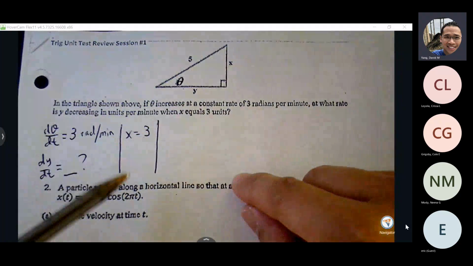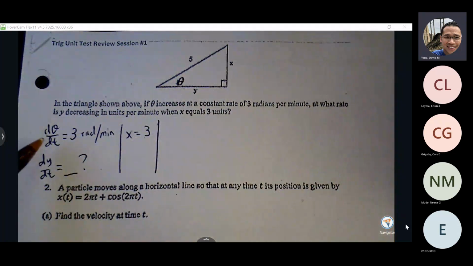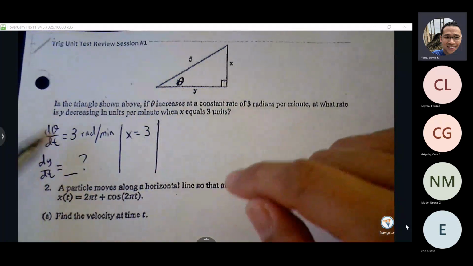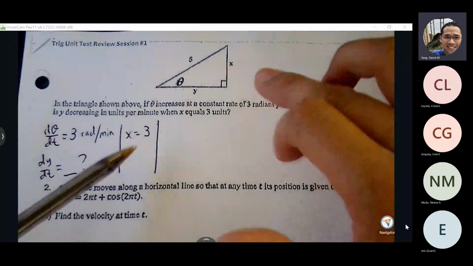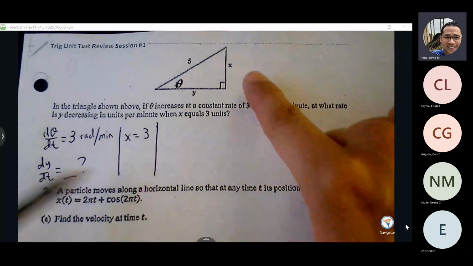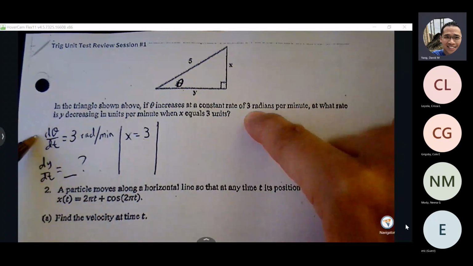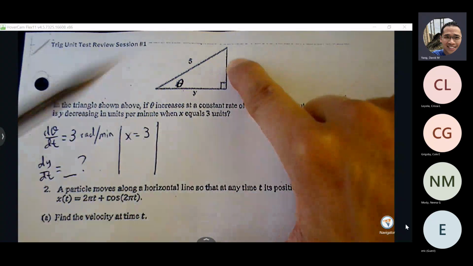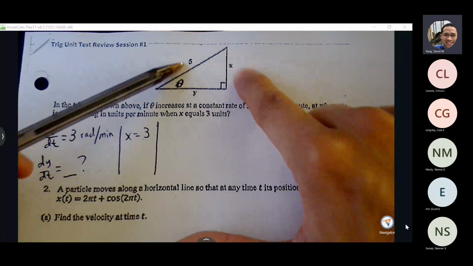We have information about x, and we have information about d theta dt. We have kind of limited information about x, and we have more information about y, or also we're looking for dy dt. And anytime that we can hunt for a constant, that's always going to make things easier.